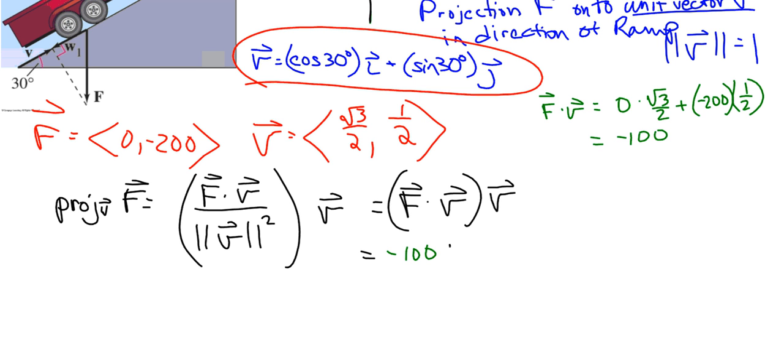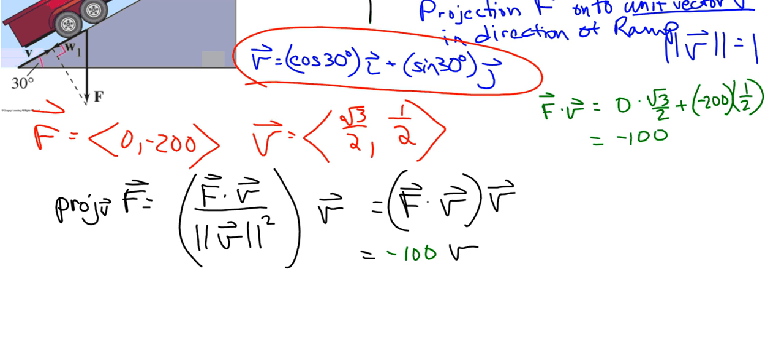times that vector V. And vector V is going to be cosine 30 i plus sine 30 j.